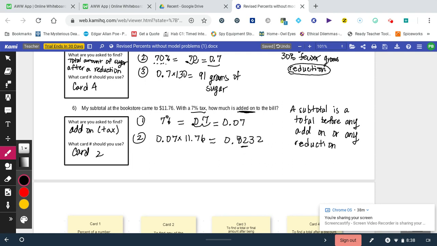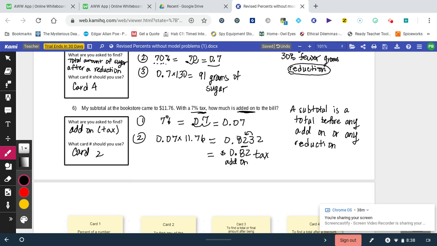So you have to make it look like money. You're going to take this number and round it, so the 2 stays the same. So basically it's an 82 cents add-on. But because we use the word tax here, we really say it's an 82 cents tax.